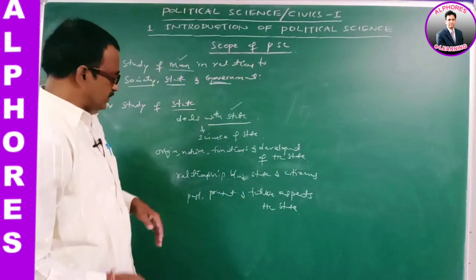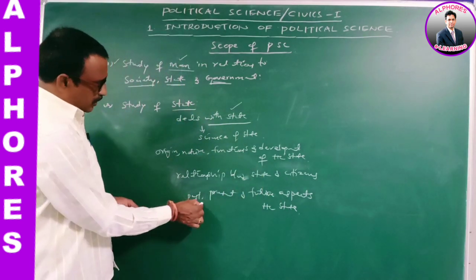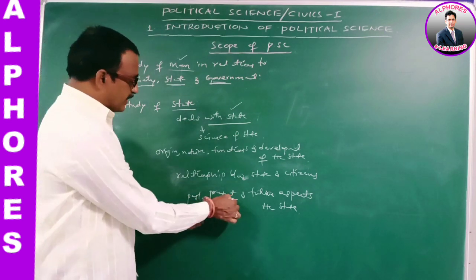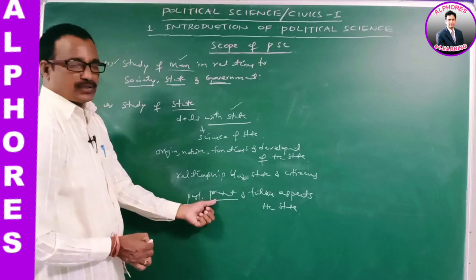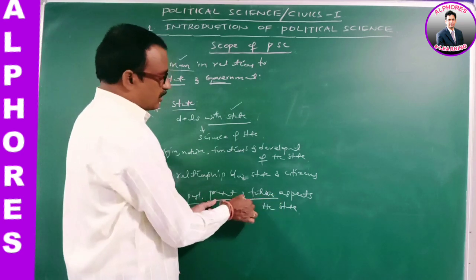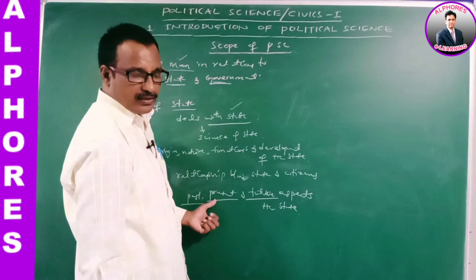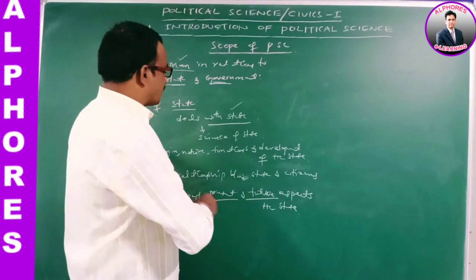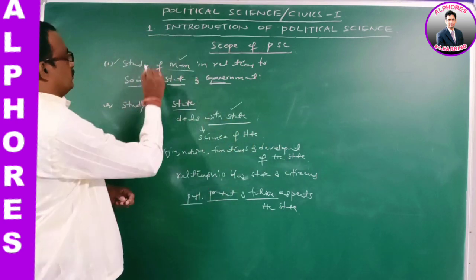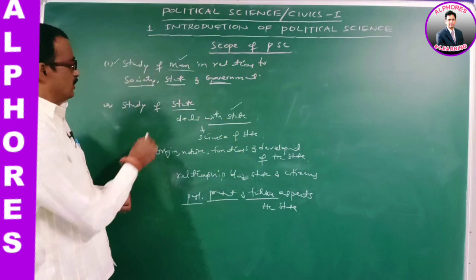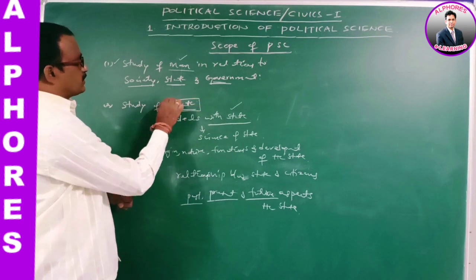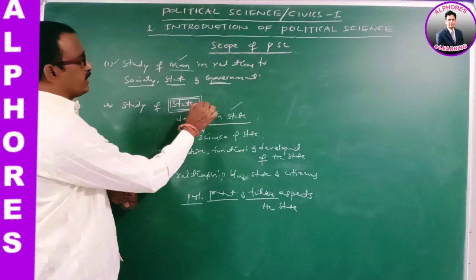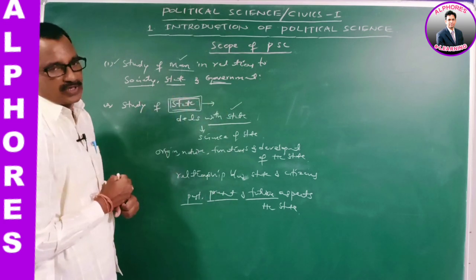Here the political science explains how the state was in the past, how the state is at present, how the state will be in the future. So all these aspects will come under the scope of political science. So here the political science is completely related to state. The state is the center point of political science.